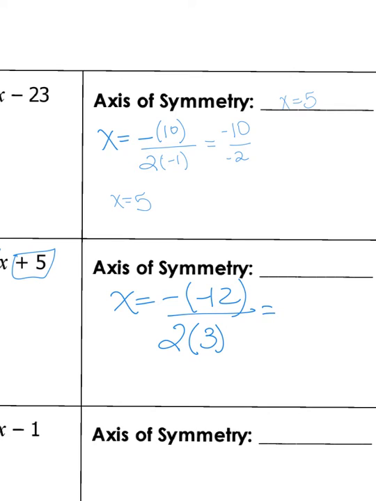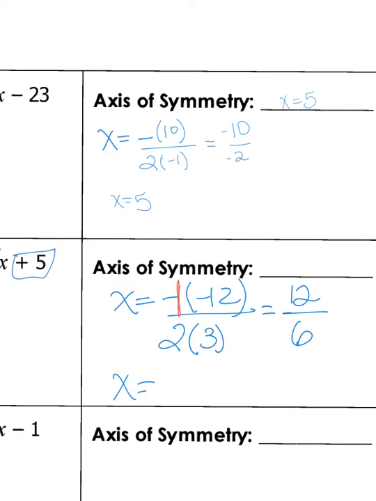All right, so negative of a negative 12. Remember, this is technically being multiplied by negative 1. So negative 1 times negative 12 is positive 12, over 2 times 3, and 2 times 3 is 6.